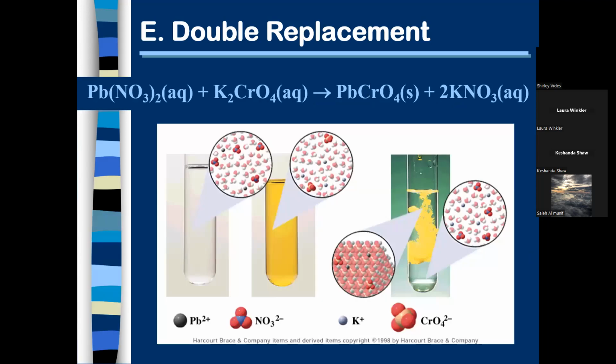All right, and this is an actual reaction. One of the keys to this happening is one of them has to be a solid, like this PbCrO4 right here. So lead(II) chromate. This one right here is falling out of solution. It's no longer in solution, like this right here.